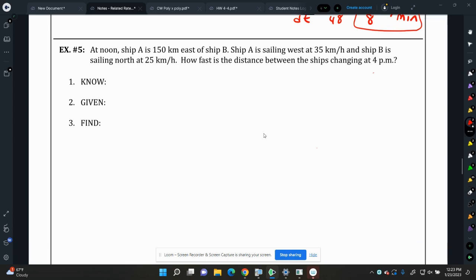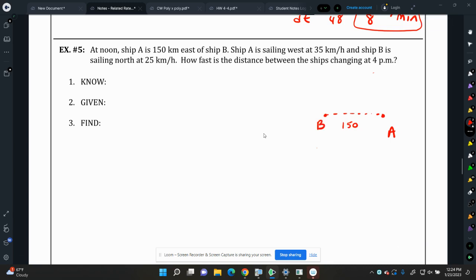Okay, so at noon, ship A is 150 kilometers east of ship B, right? So 150 kilometers, that's how far apart they are.